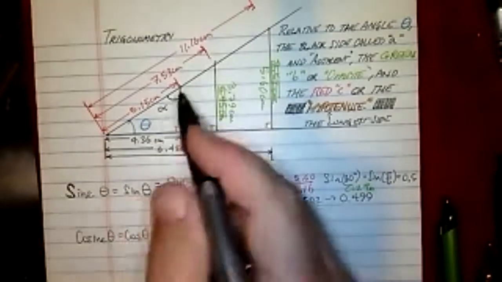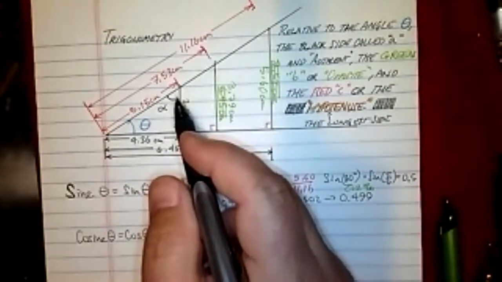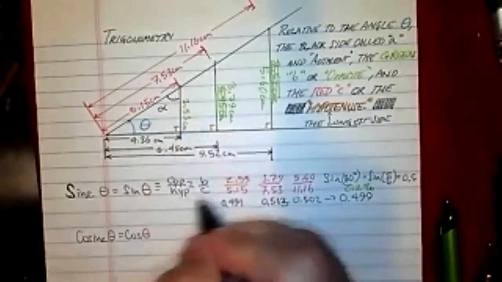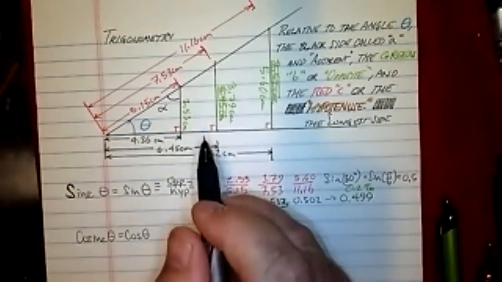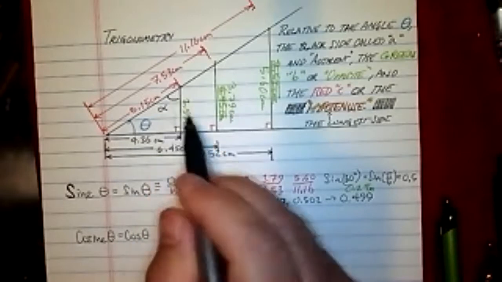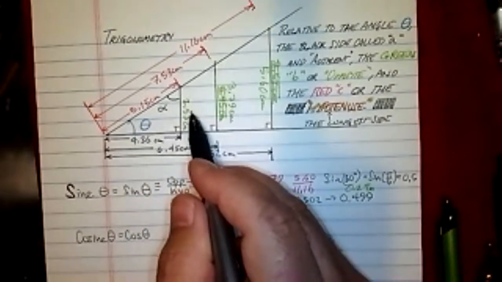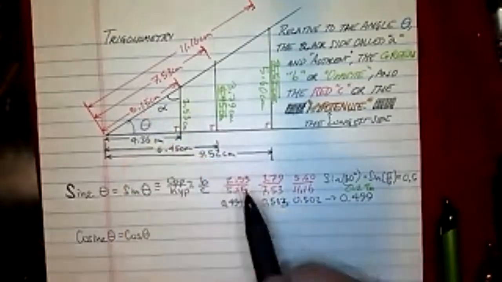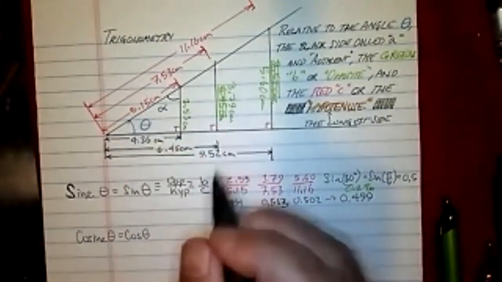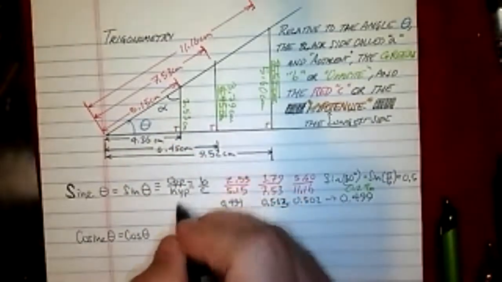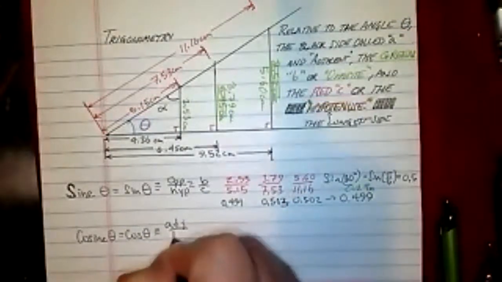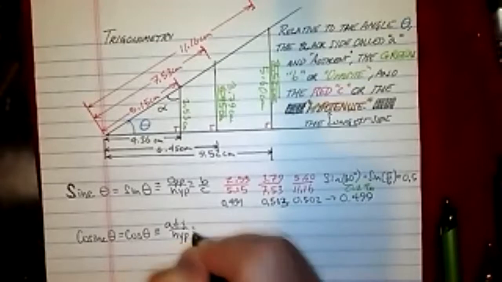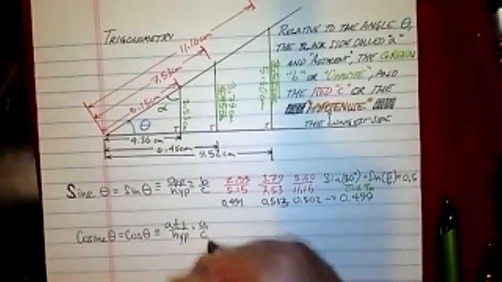So if I did, instead of cosine of theta, cosine of alpha, I would actually get the exact same 0.5 value. And you can see why that is, because the adjacent over hypotenuse for alpha is what we normally call opposite over hypotenuse for the other angle. So that's why that's called the cosine as opposed to some other random name. Well, this one's defined to be adjacent over hypotenuse, which is also equal to A over C.